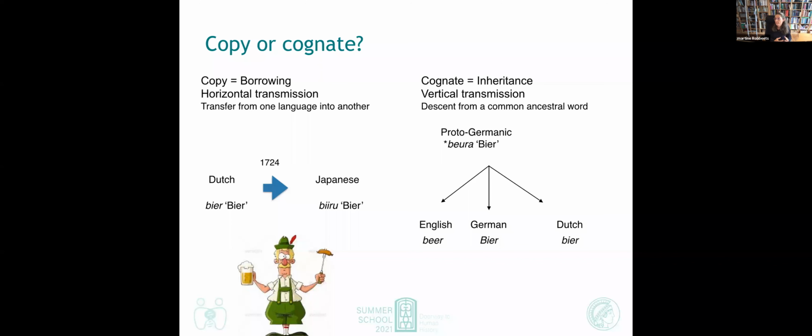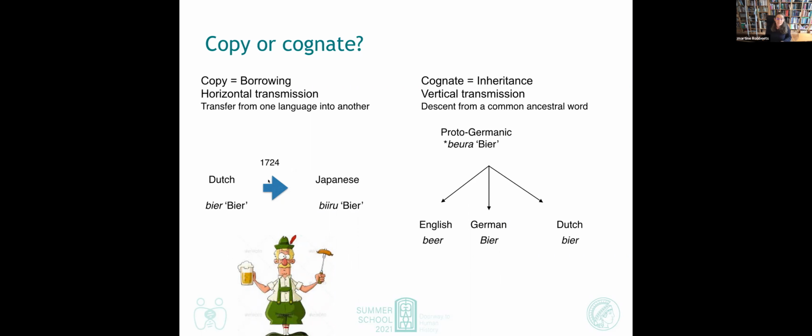Are all the similarities caused by borrowing, or are some similarities perhaps the result of inheritance, residue of inheritance from a common ancestor? So borrowing, that is what scientists would call horizontal transmission, is the unidirectional transfer of a form from one language into another.